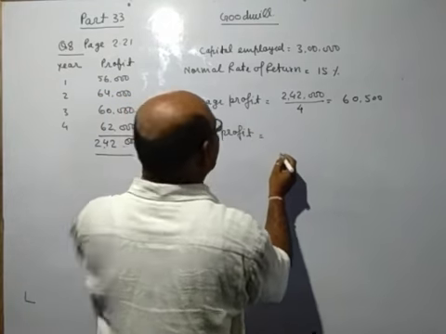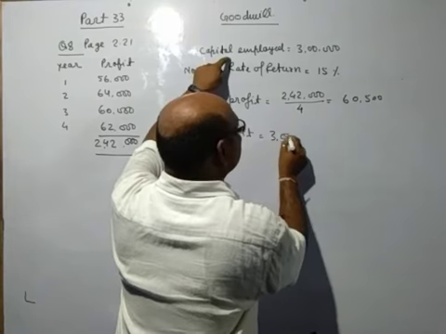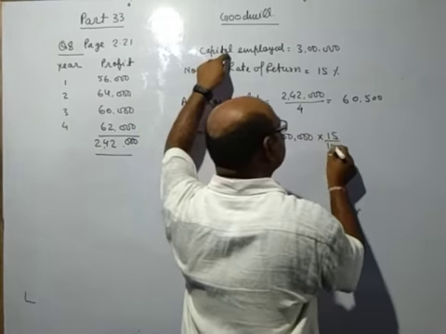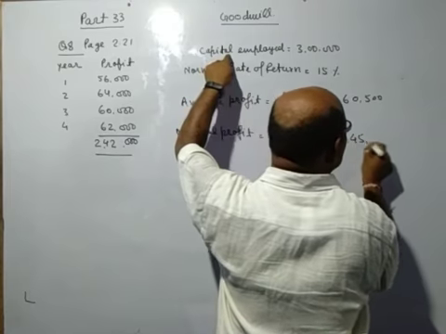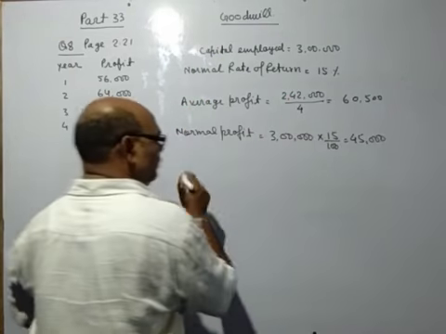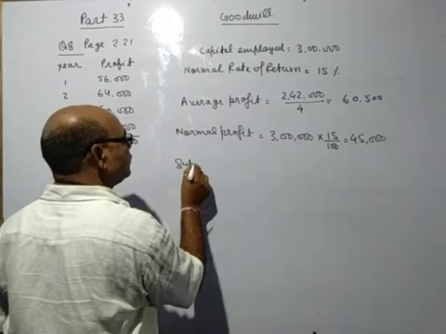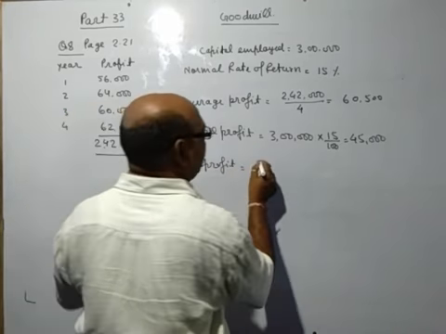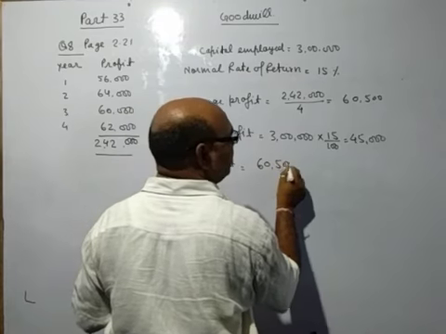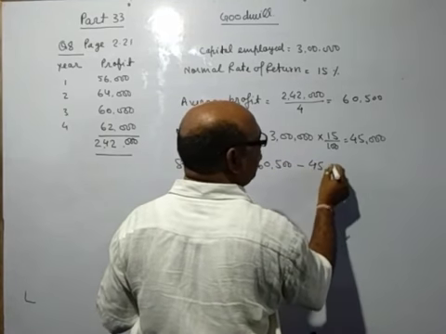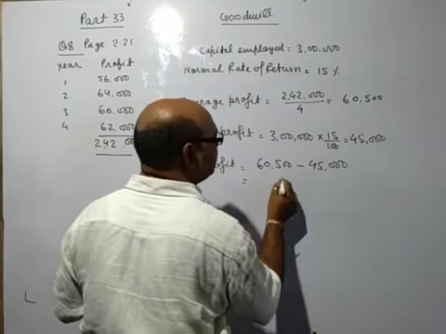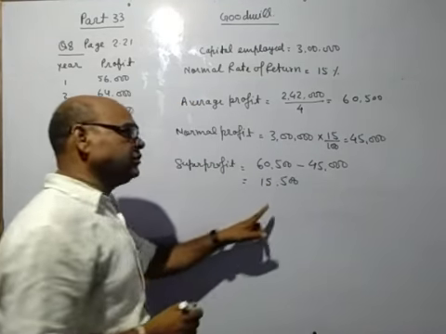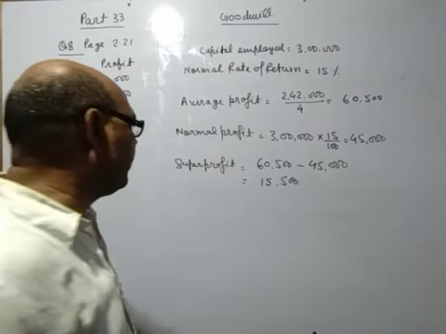Normal profit means capital employed 3 lakhs into normal rate of return 15%, that is 45,000. Now you will calculate super profit. Super profit equals average profit 60,500 minus normal profit 45,000. So 15,500 will be the super profit.